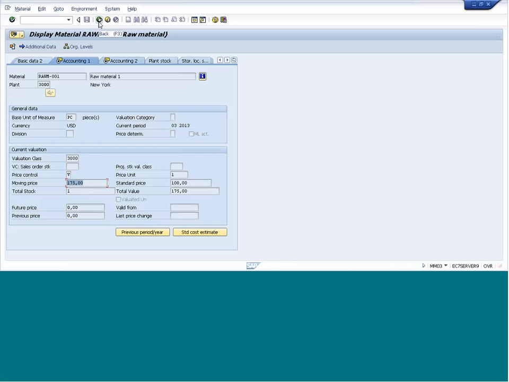But there may be some circumstances where, for example, you procured a material and you posted by mistake, having a unit of measure problem, a huge value. So now if you are going to post, the system may pick up a different price.